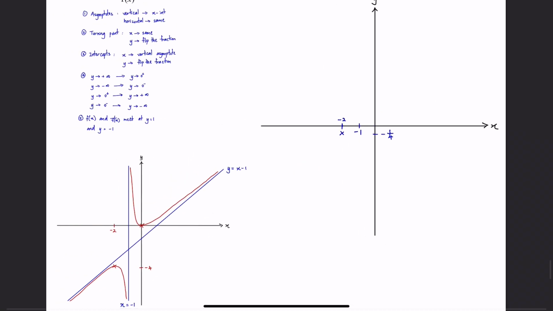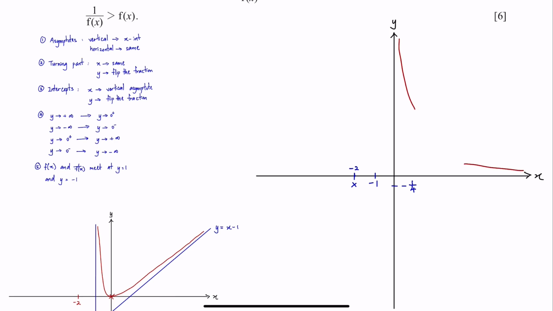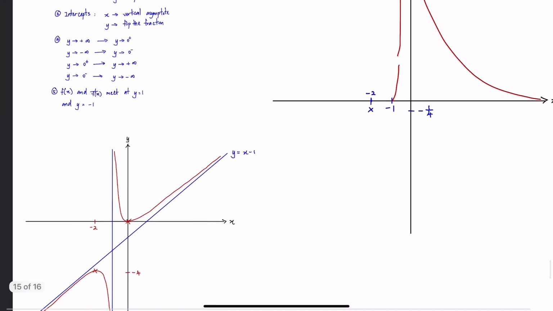Okay, so now we can roughly sketch the graph. We know that just now we stated that the shape here is around like this and like this, since this is approaching positive infinity and this is approaching positive 0. So we can do this. And we also stated that at this part it's approaching positive infinity, and for this part it's approaching positive 0.